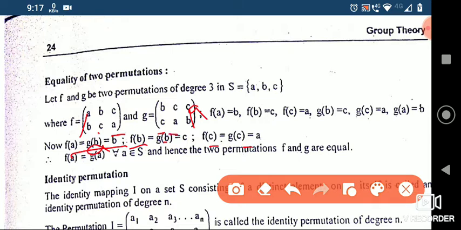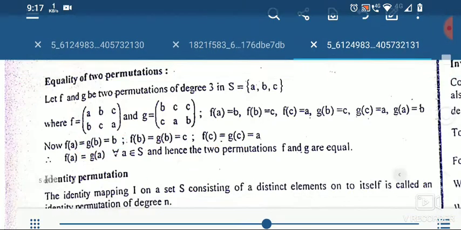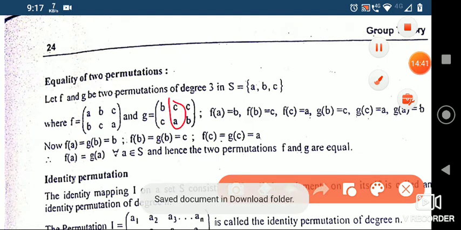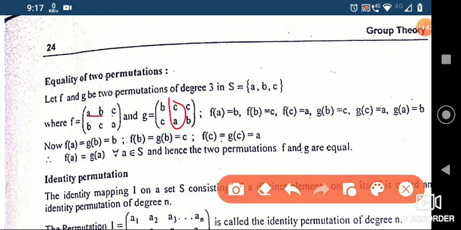So what is the difference? The difference is that the points are not written in the same form. Here a, b, c is there, but here b, c, a is there. That is the only difference. But the point which takes to another is the same. a takes to b, and here also a takes to b. b takes to c, here also b takes to c. c takes to a, here also c takes to a.